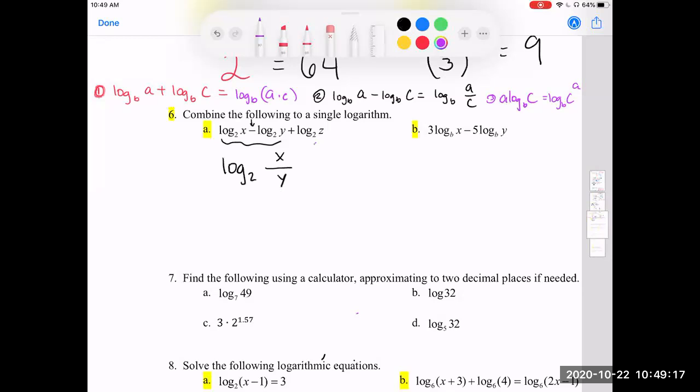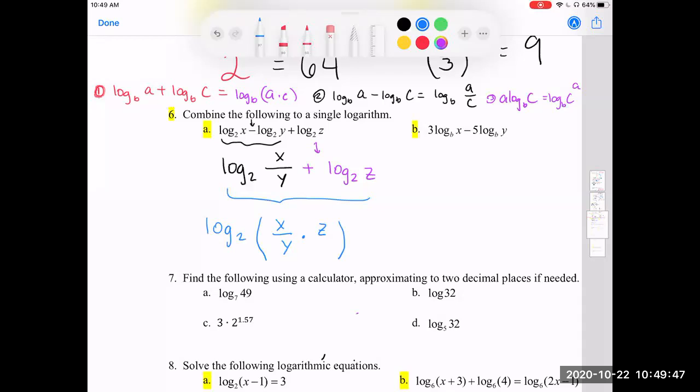And that's my first part. Now let's bring this down and see what we have. Plus log base 2 of z. We see we have the same log base, so I can rewrite it as one log using that first rule. I can multiply it in. Now if I multiply it in, I'll have log base 2 of x over y times z.